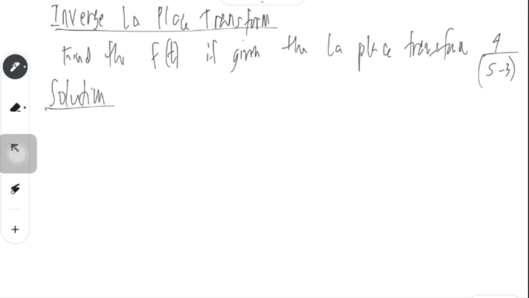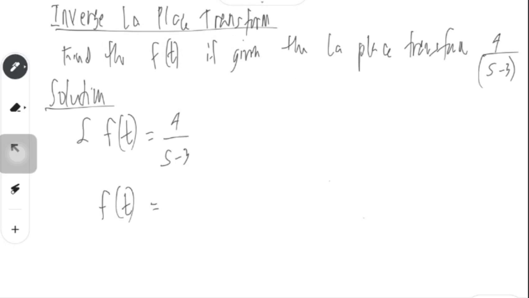Now, the inverse Laplace transform is written as this one. The Laplace transform of the function of t is 4 all over S minus 3. To find the function of t, kukunin mo yung inverse Laplace transform.